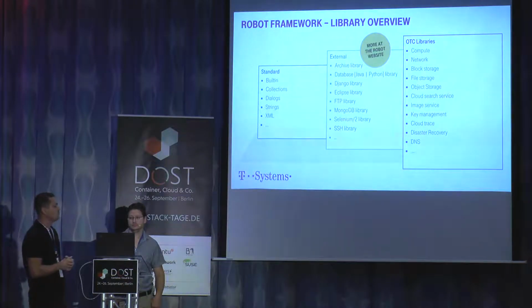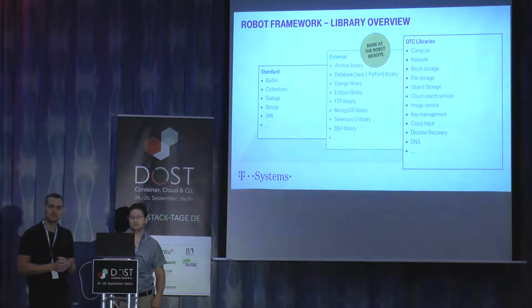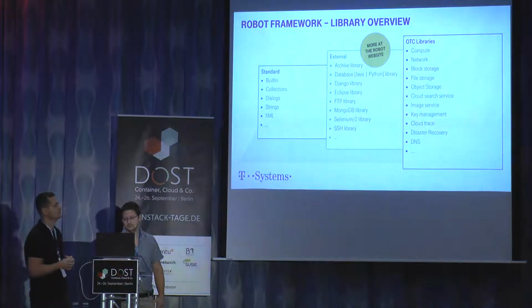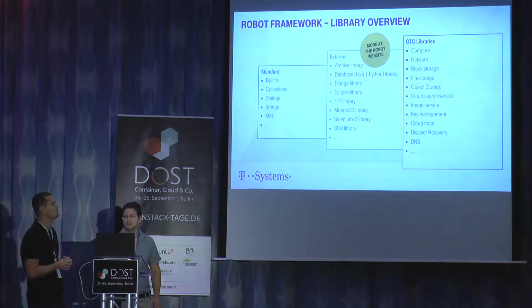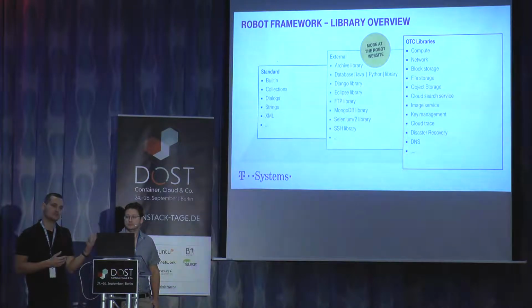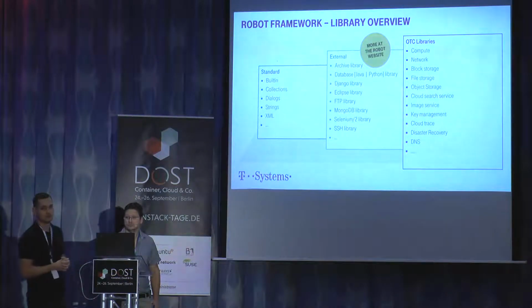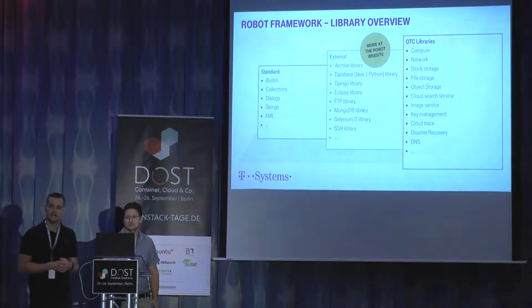And for our talk, perhaps the most important are the OTC libraries. What we do with Robot Framework, we define our own keyword libraries and low-level libraries. As you can see, it's not a complete list. Just to have a rough idea, we have individual libraries for our individual services like compute, network, block storage. Those libraries contain keywords which can interact with OTC, with the APIs on OTC.